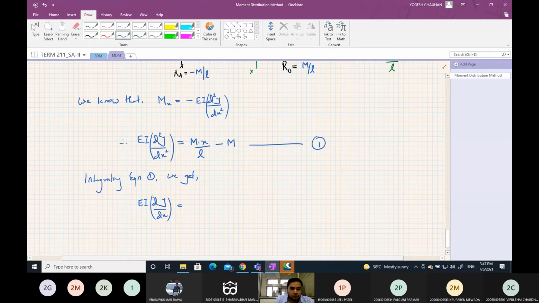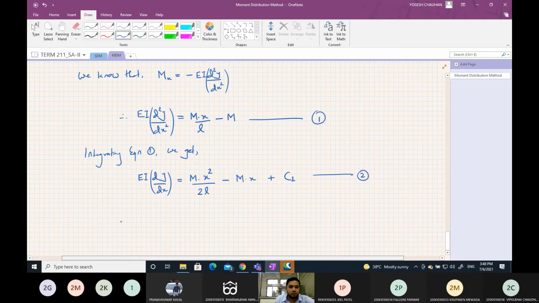We are integrating this, so EI dy by dx is equals to m x square by 2L minus mx plus c1. Now this is equation number 2.